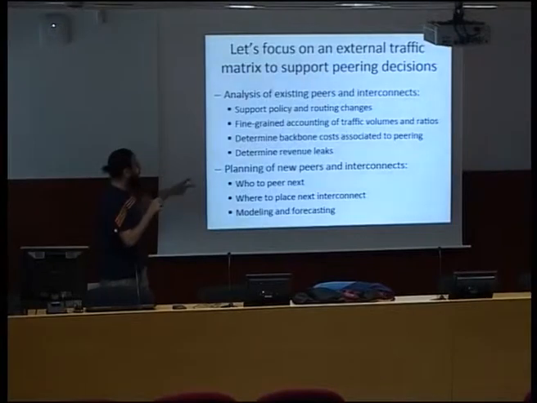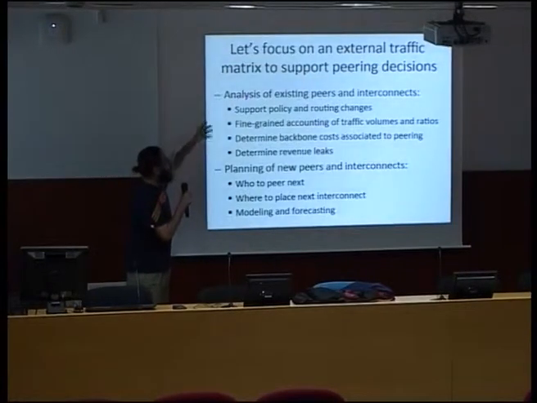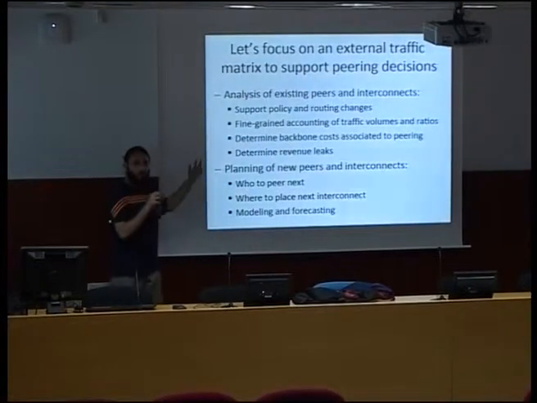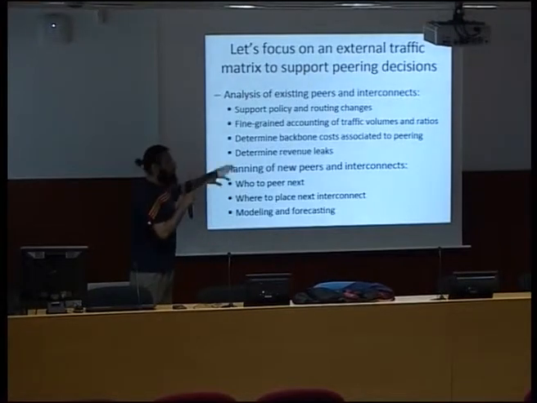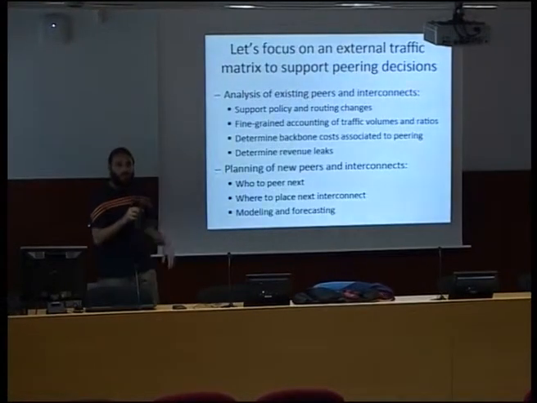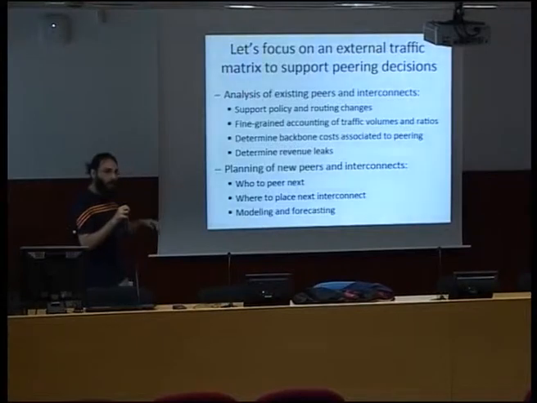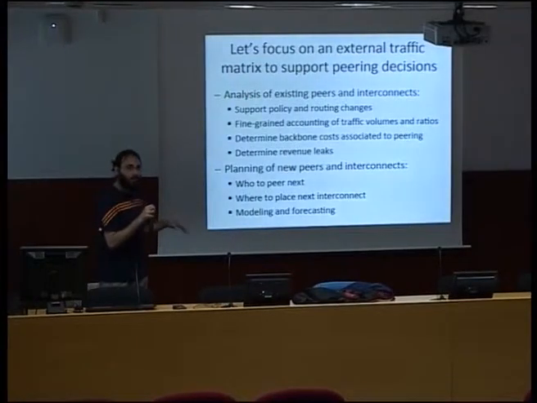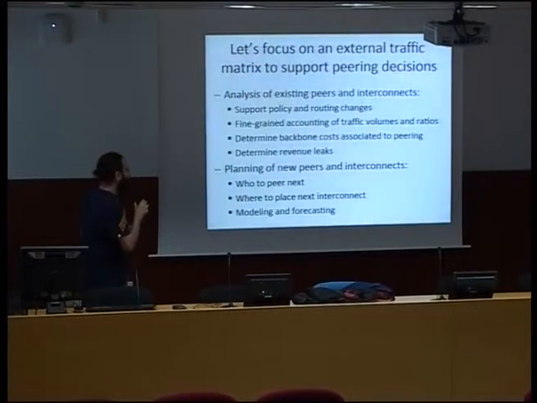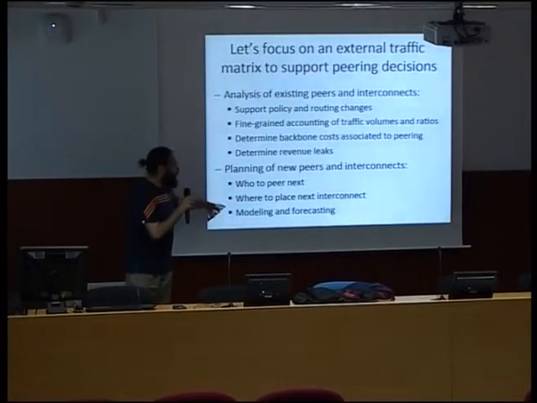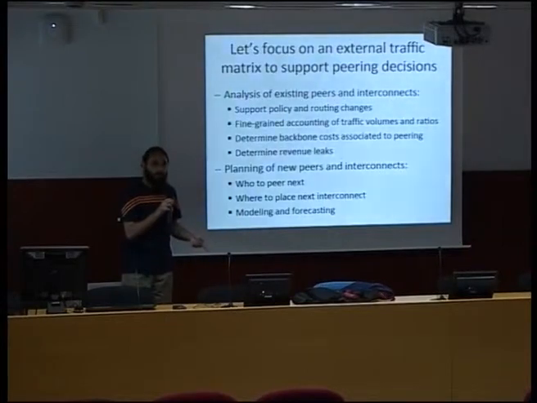And you might have two parts: an analytic part, to see what is happening, and a planning part, a little bit of forecasting, projections of how things can grow or not grow. Or, for example, where I should place the next interconnect, or who I should peer next, right?